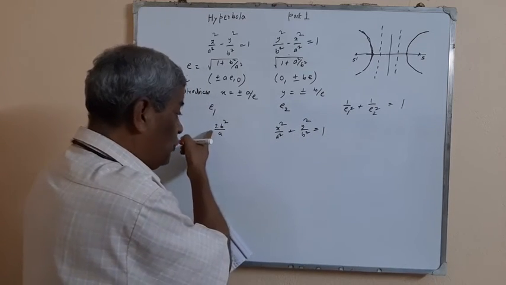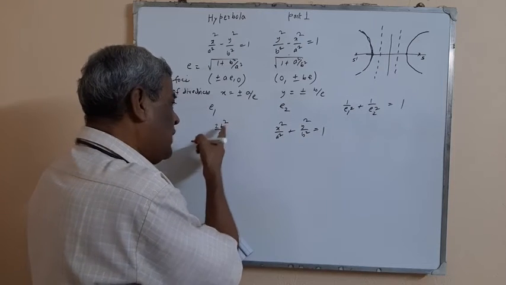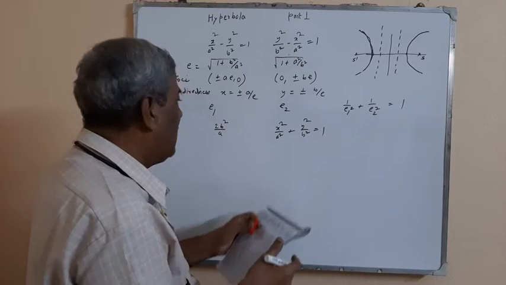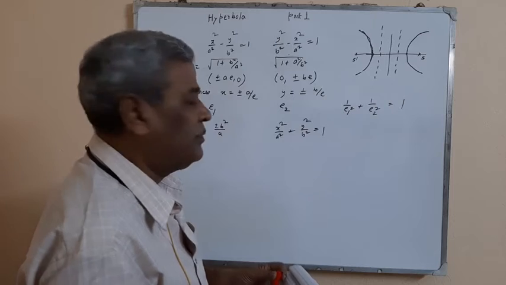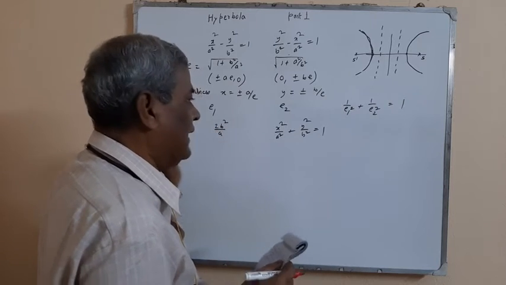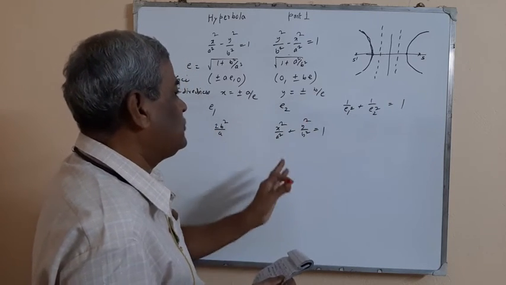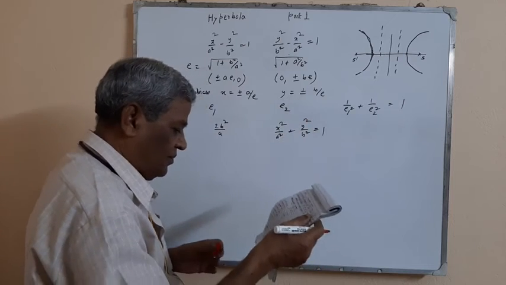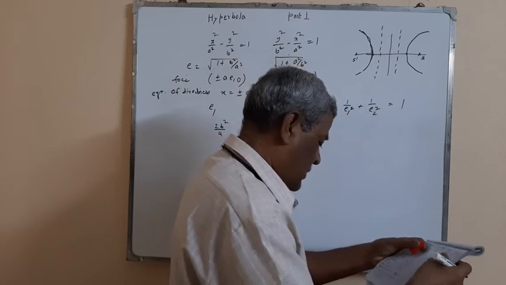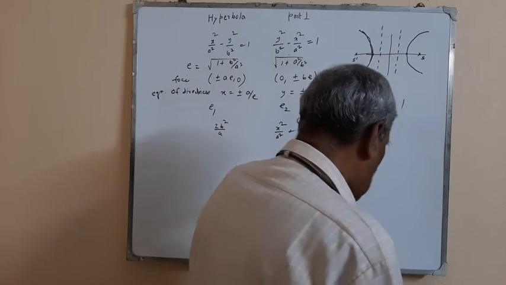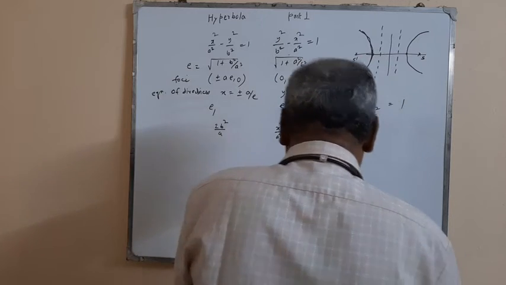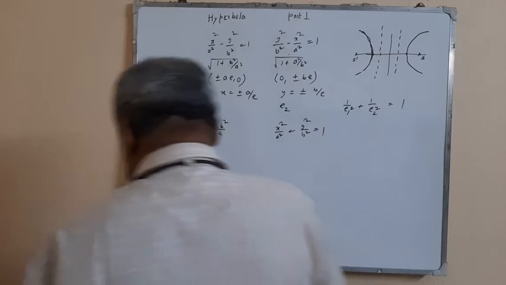In that case, it should be minus 2b square by a, but length cannot be negative. That's why it is 2b square by a, and for that case, it is 2a square by b. Okay, now let us solve a few problems on hyperbola.